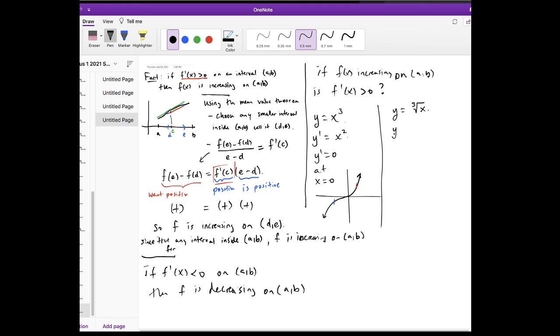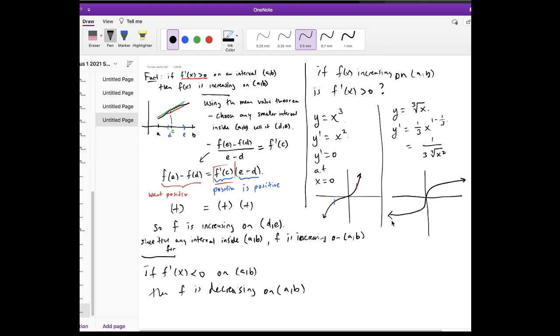Another example is cube root. So what is the derivative of cube root? Let's see, it's 1/3 x to the 1 minus 1/3, so 1/3 times the cube root of x squared in the denominator. First of all, cube root of x kind of has this shape. Cube root of x is continuous everywhere, right?